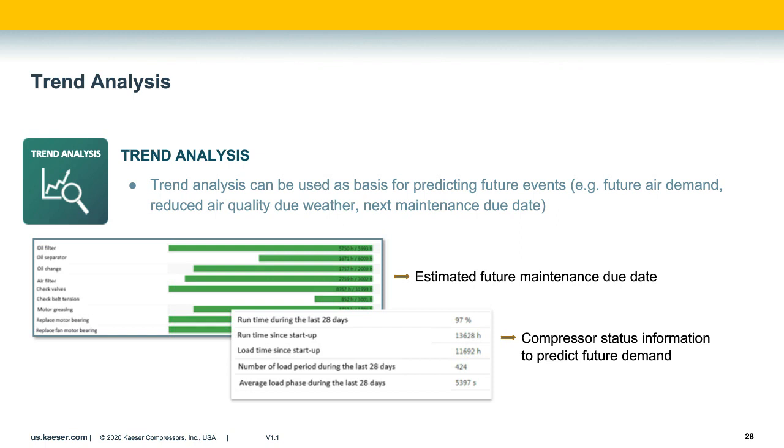So, that's one thing we want to do from the trend analysis. And then number two, compressor utilization based on status information. Reliable trends can't be based on just a few data points. Like we saw in our two VAV examples, this requires a pool of real data.